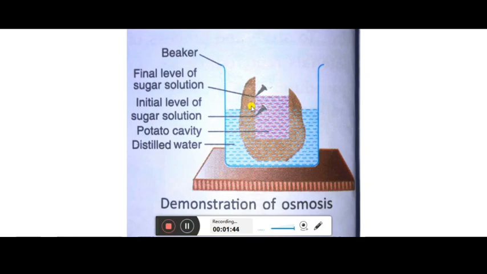The potato cell works as a semi-permeable membrane, so the water molecules will move inside, and that's why the sugar solution level will increase from the previous level. This movement of water molecules from the beaker into the sugar solution across a selectively permeable membrane is called osmosis.